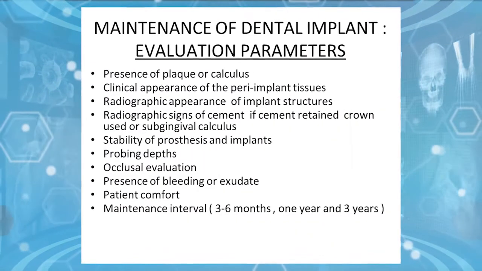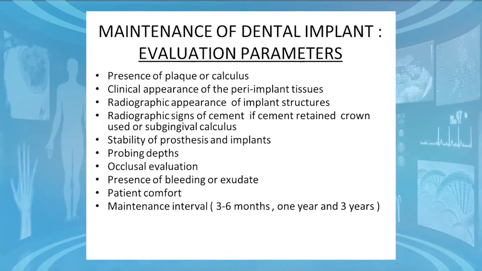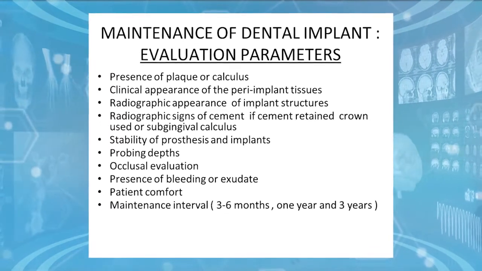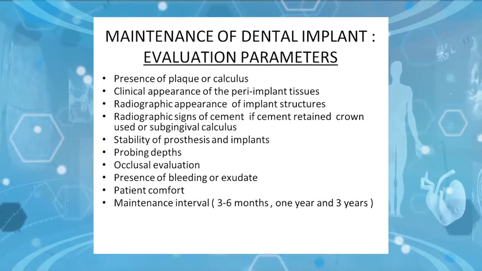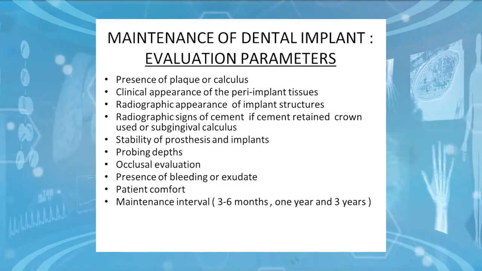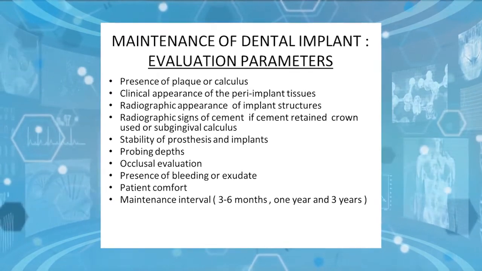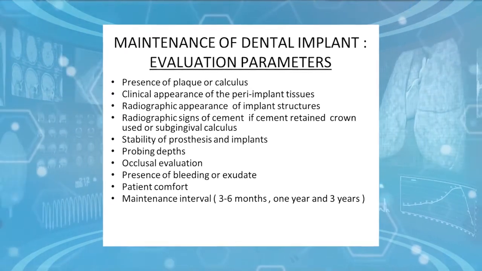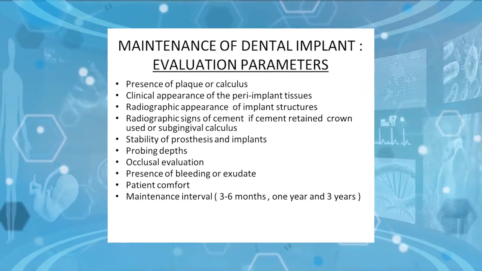Planned treatment in dentistry should have follow-up, so implant treatment also needs regular maintenance. Here are the parameters to follow during implant maintenance, including calculus. We should also clinically detect peri-implant disease.